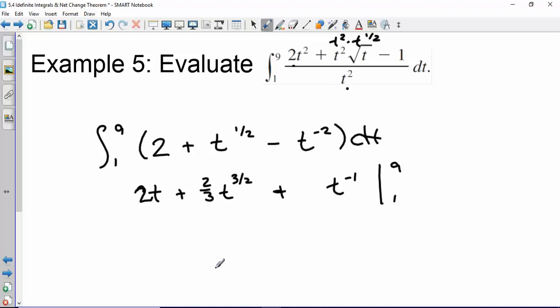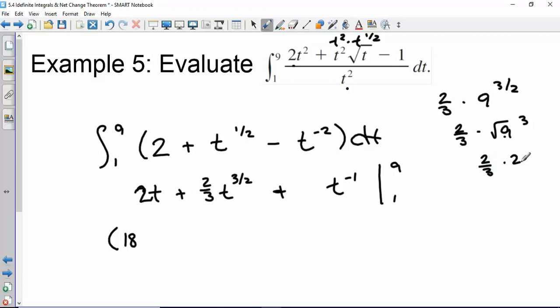So then let's plug in. If I put in my 9, 2 times 9 is 18. All right, no calculators. 2/3 times 9 to the 3/2. How do I redo that 3/2? What does that mean? Square root of 9 cubed. What's the square root of 9? 3. 3 to the 3rd, 27.